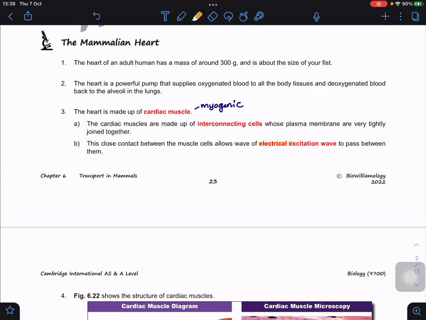Highlight this: it's not an impulse, guys. It's not the action potential. The communication here is by an electrical excitation wave. It's not the nerve impulse. We cannot use nerve impulses in the mammalian heart because it is myogenic.